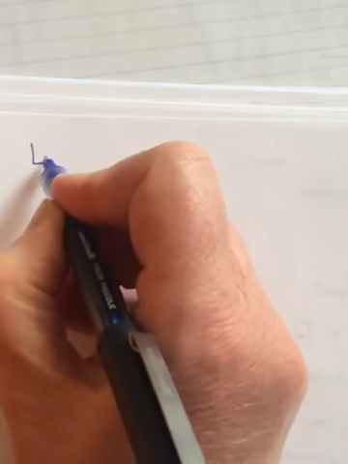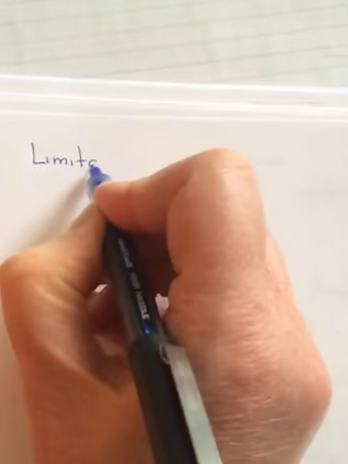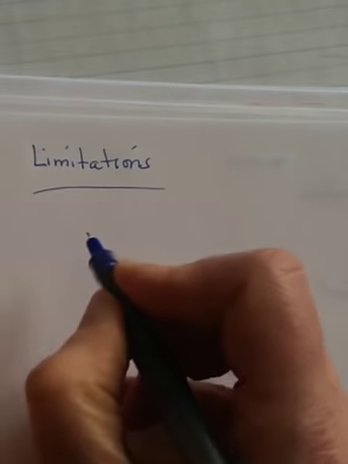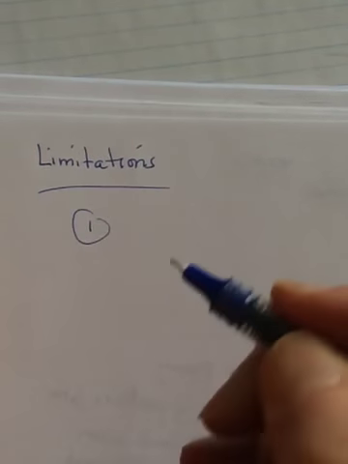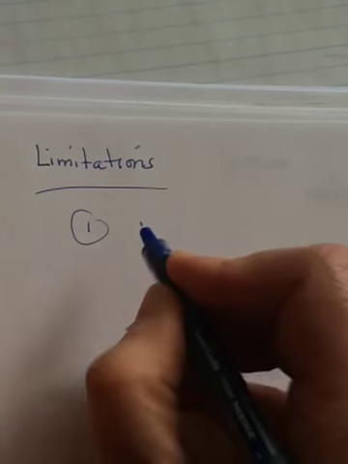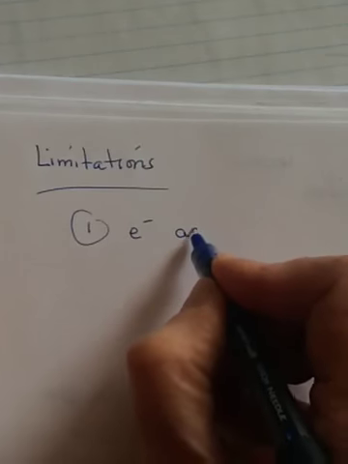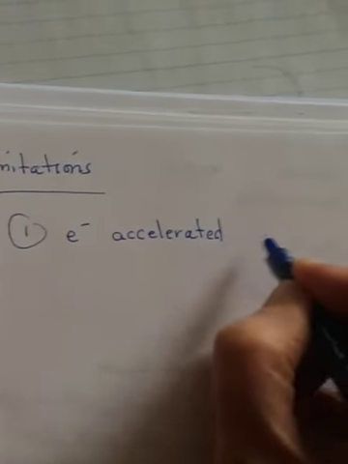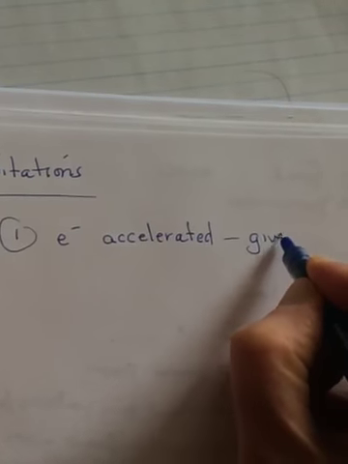Okay, after he proposed it and people were like, oh, this is good, then they were like, oh, but wait, there's a few things that don't seem to get explained here. So they're known as his limitations. Okay? One is that we know from the electromagnetism unit that an electron that is being accelerated, a charged particle that's accelerated, gives off energy.